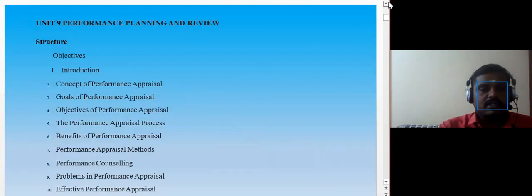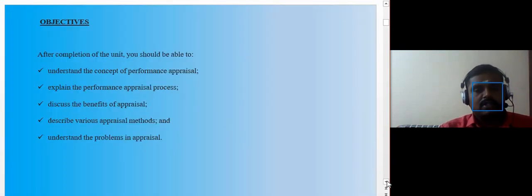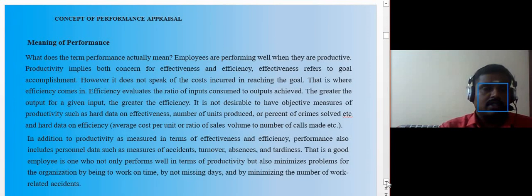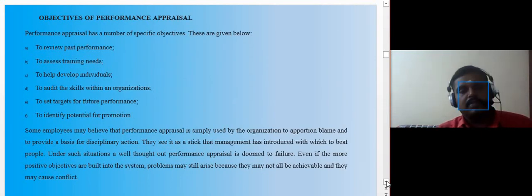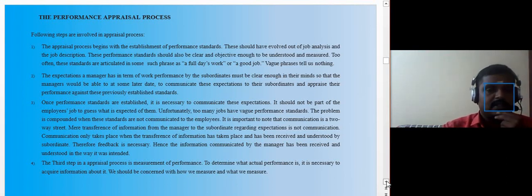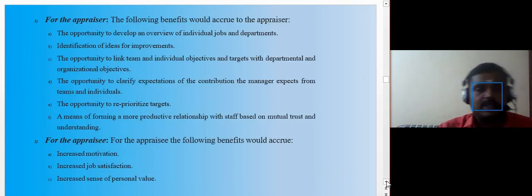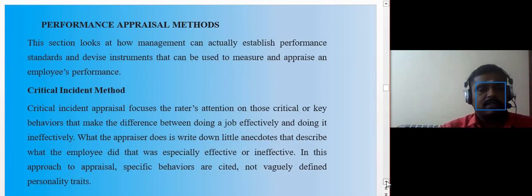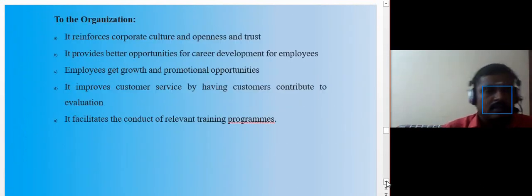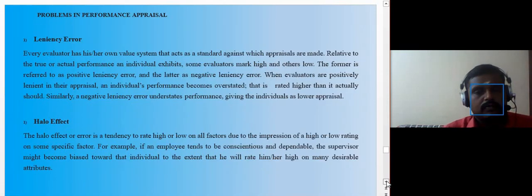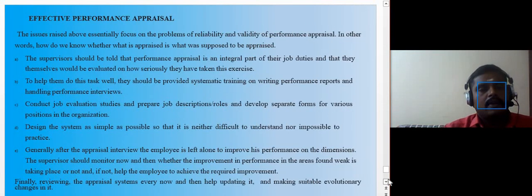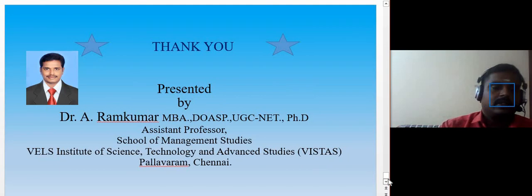It covers the objectives, introduction, the concept of performance appraisal, the goals of performance appraisal, the meaning of appraisal, the objectives of performance appraisal, the performance appraisal process, the benefits of performance appraisal, the performance appraisal methods, the performance counseling, the problems in performance appraisal, effective performance appraisal program, and so on, right?